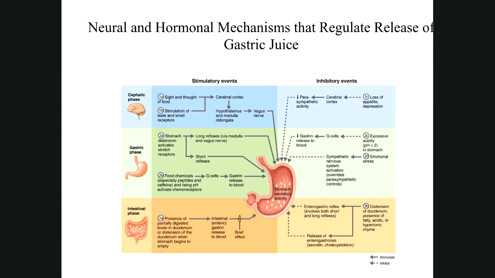The enterogastric reflex: the duodenum inhibits acid secretion in the stomach by the enteric nervous system, short reflexes, the sympathetic nervous system, and the vagus nerve, also a long reflex via the medulla and the vagus nerves, not only by the enteric nervous system, the short one.